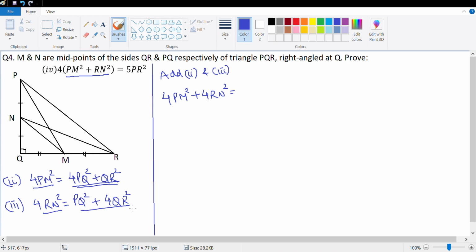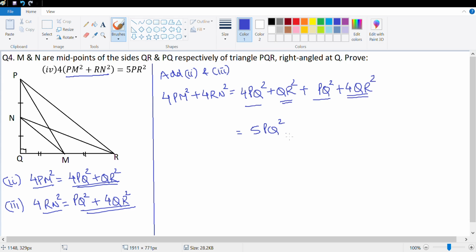So on the right hand side I get 4 PQ square plus QR square plus PQ square plus 4 QR square. Let's combine PQ together, so I get 5 PQ square, and let's take QR together, so I get 5 QR square. Common element 5, which means 5 times PQ square plus QR square.